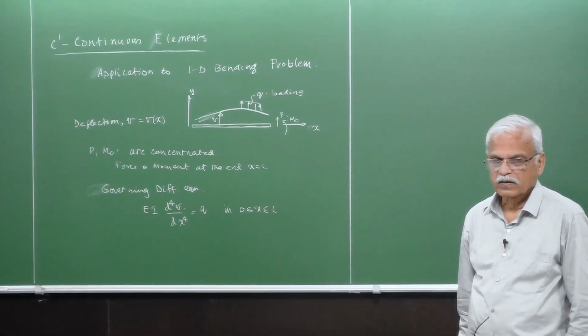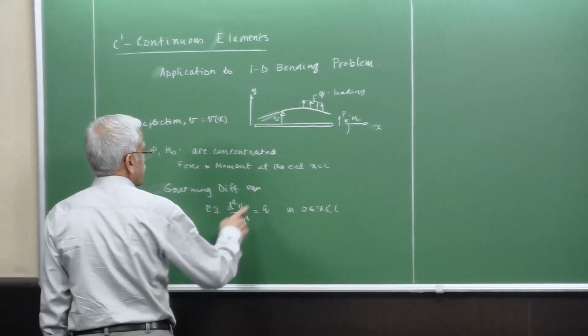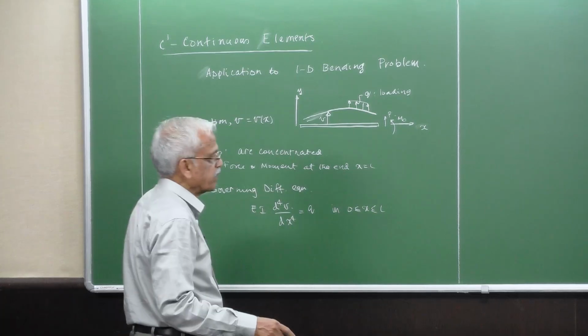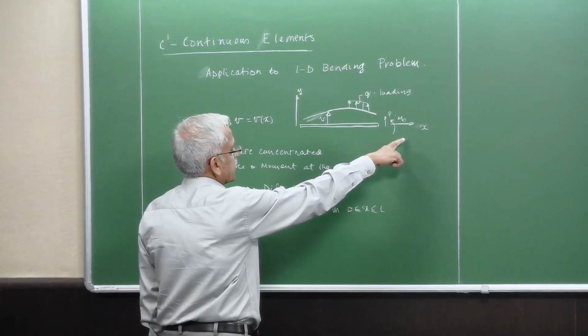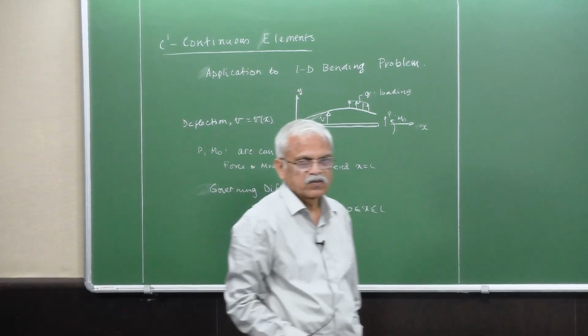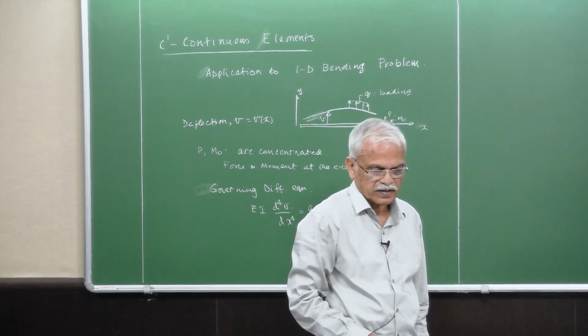We'll talk about the boundary conditions a little later. So this is the governing differential equation. In fact, we know that the moment is EI d square v by dx square, so that's equal to M naught here, and EI d cube v by dx cube is the shear, which is equal to P at that end.